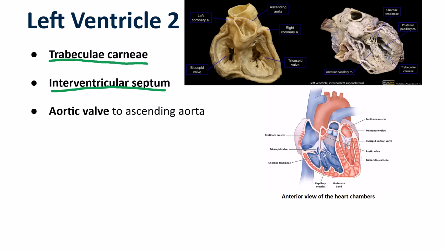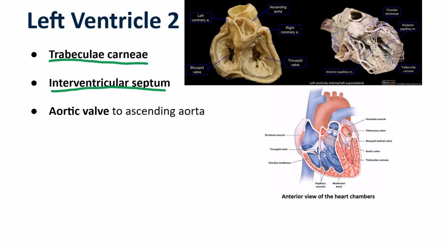Now, if you're looking at each side of the ventricles, you might notice that the myocardium of the left is thicker than that of the right. And that's because the left side of the heart needs to be stronger to pump out blood to the entirety of the body through that systemic loop, whereas the right side of the heart need only pump blood out to the lungs.